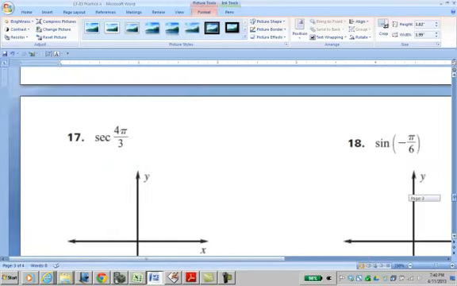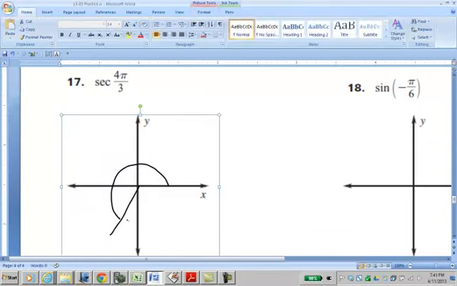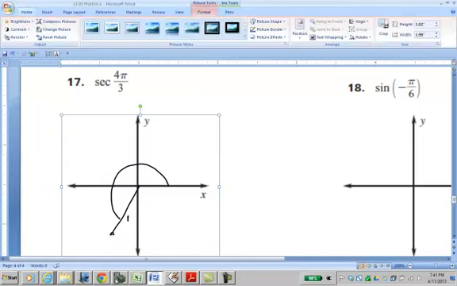17. The secant of 4/3 pi. Alright, so we're going to go 1/3, 2/3, 3/3, 4/3. There's the terminal side. 1 unit from the origin. Reference angle of 60 degrees.